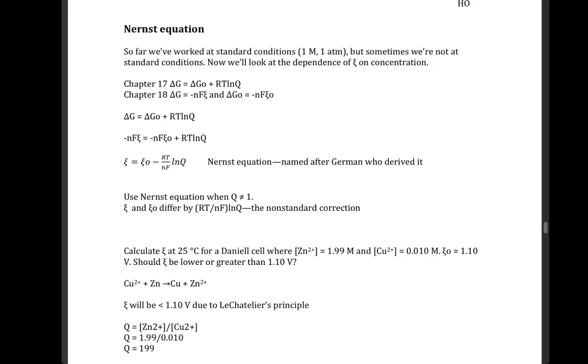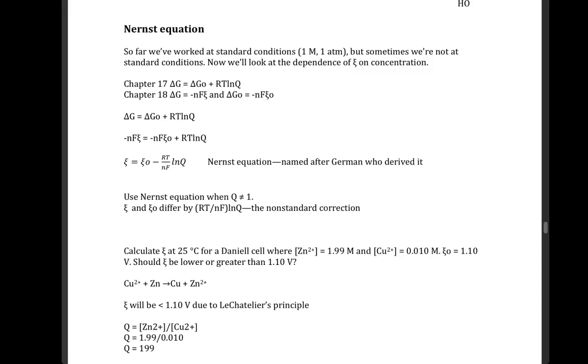So in chapter 17, we had delta G is equal to delta G naught plus RT ln Q. So as a reminder, this would give you the potential at whatever our concentrations are that we're starting with. So from those initial concentrations and all the stoichiometries involved in the reaction, we would calculate Q, and that RT ln Q, recall that's the non-standard conditions correction term.